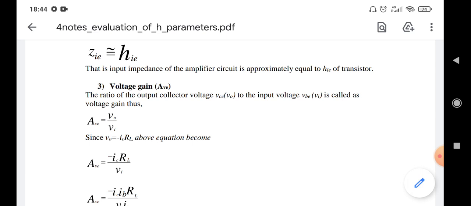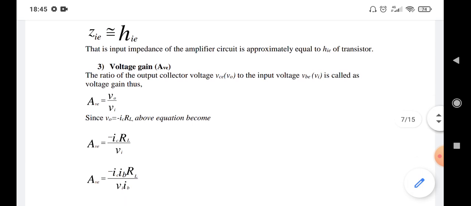Means A_ve is equal to minus I_c R_L upon V_i.